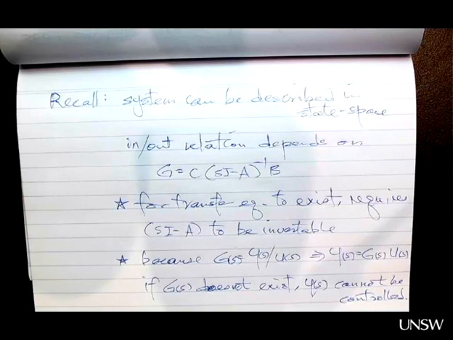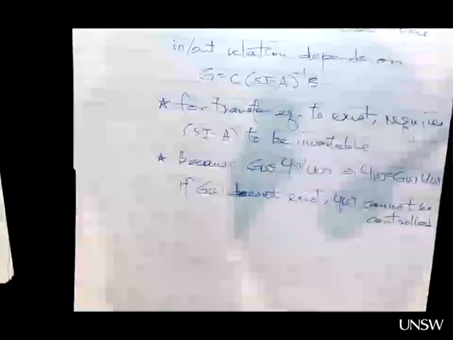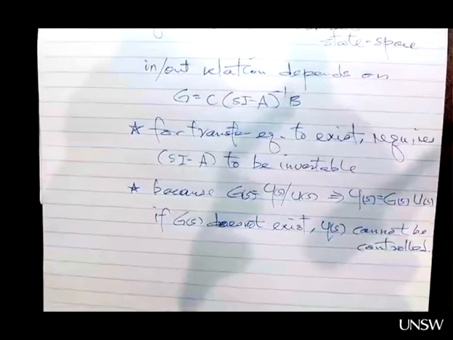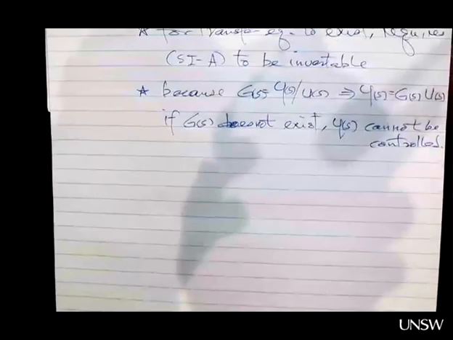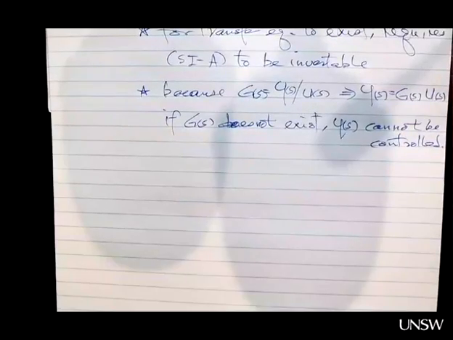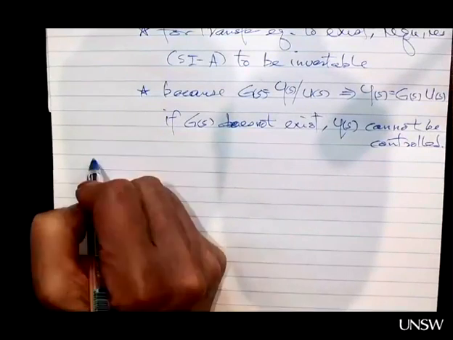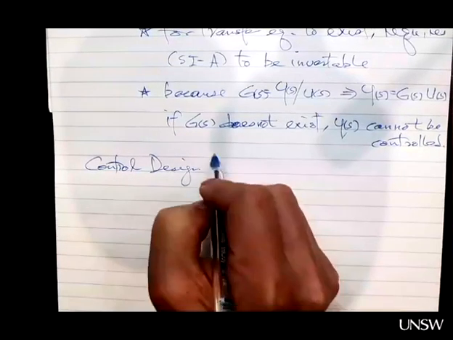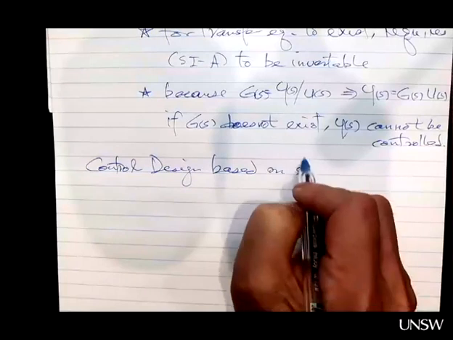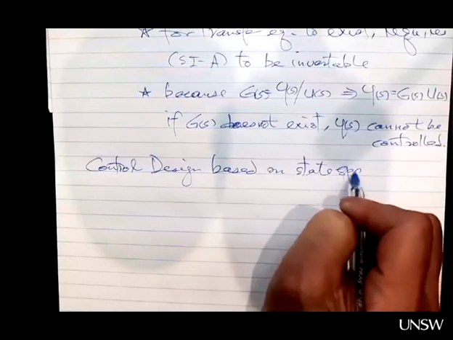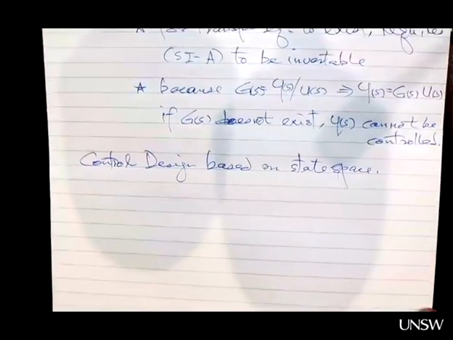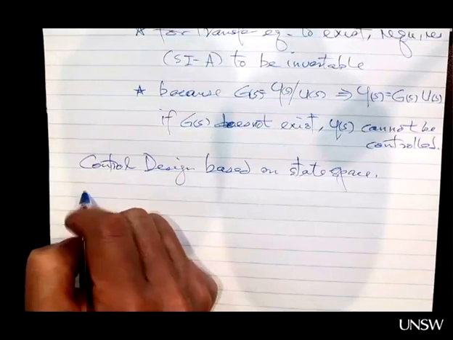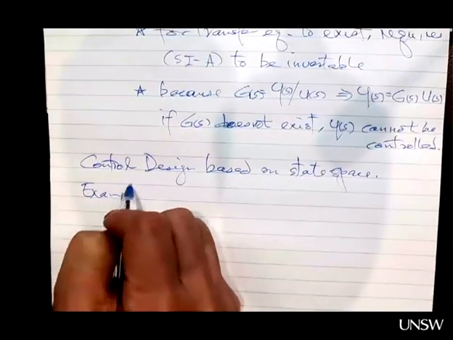Okay, then we look at the control design based on state space. So for example, we use the water tank system again.